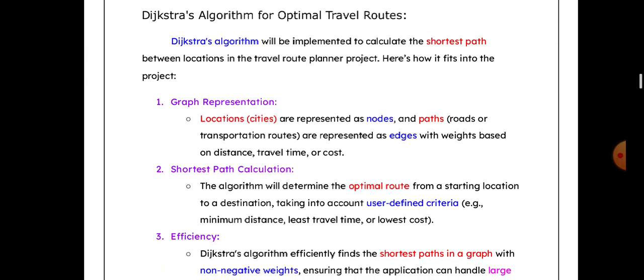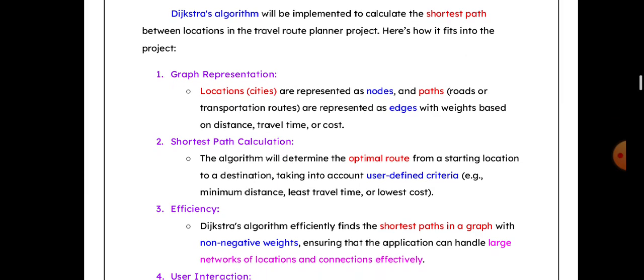Graph representation. Here locations are represented as nodes, and the paths, that is the traveling routes, are represented as edges. Then the shortest path calculation. Our Dijkstra algorithm will calculate the optimal route from location A to location B, analyzing the path for minimum distance and minimum traveling time.